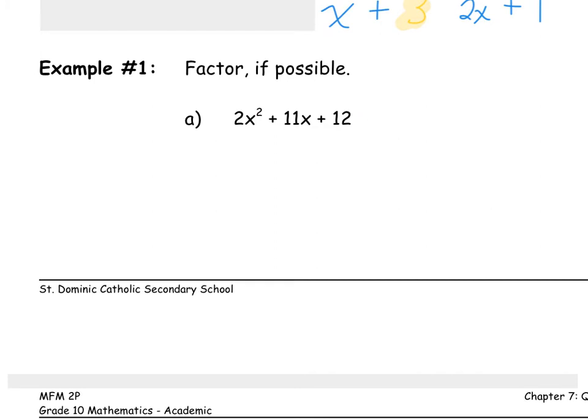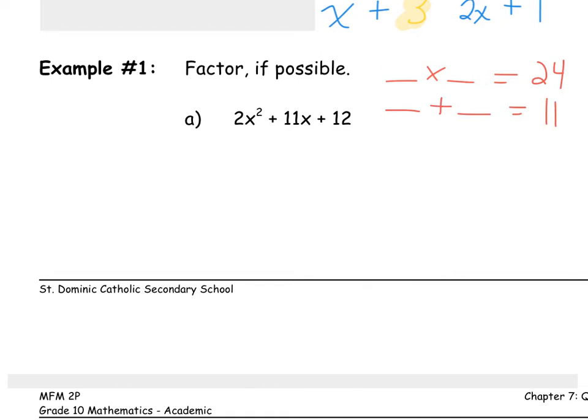So I'm ready to move on to my next step, which is to find 2 numbers that will multiply to give me the product of my first and last term. And so 2 times 12 is 24. So I'm looking for 2 numbers that multiply to give me 24, but also add to give me that middle term, which is 11.